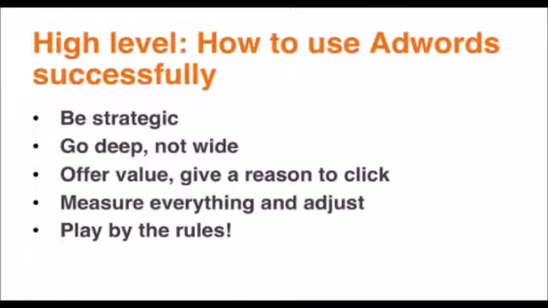And then last, I would say play by the rules. Google has very specific rules about what they like you to do and not do when it comes to advertising on their platform. And if you don't play within those rules, you can get what's known as a Google slap or a Google ban and have a really hard time advertising on their network.